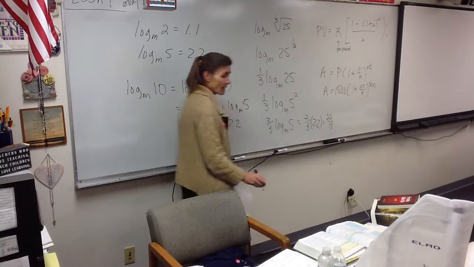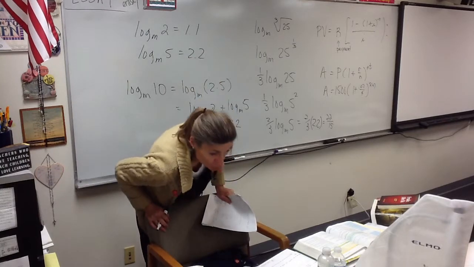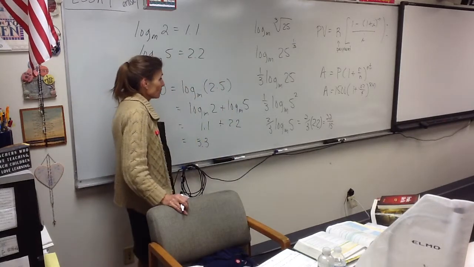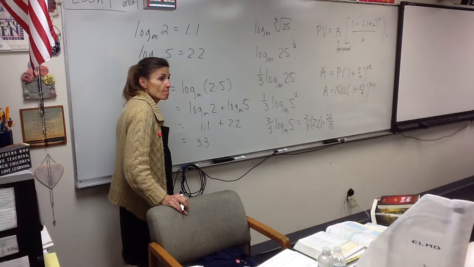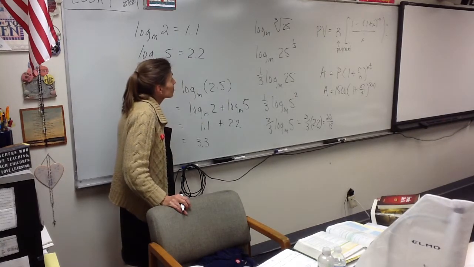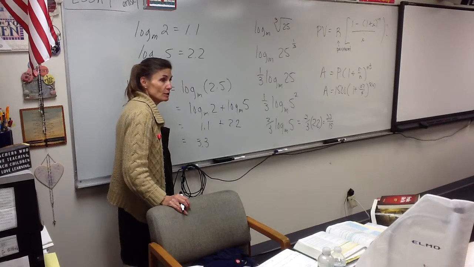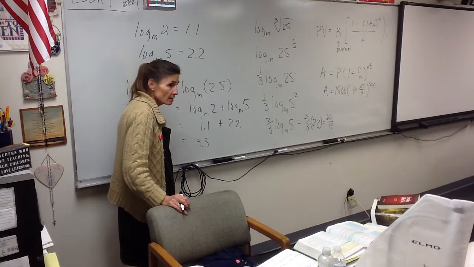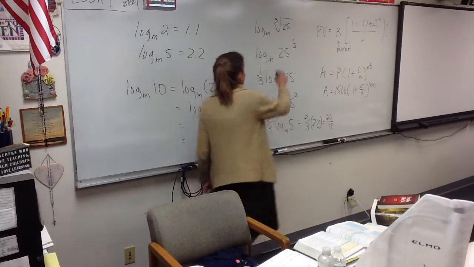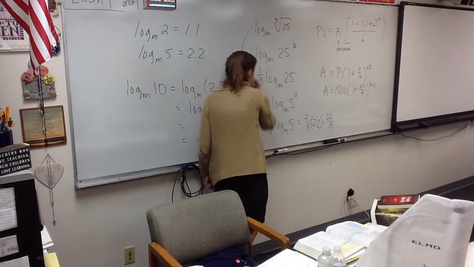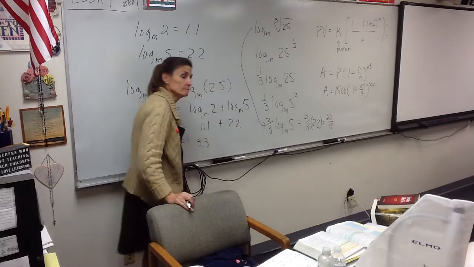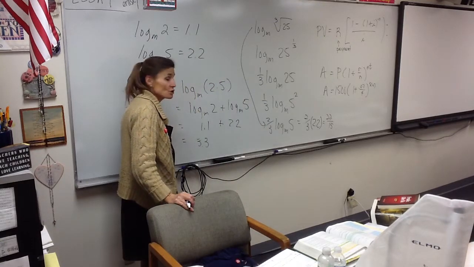Or as a decimal, it's 1.4 repeating 6s. Can you from the beginning just do log of 5 to the 2/3? Absolutely you could. If you recognize that this is 5 to the 2/3, then you're going to jump straight from here to here. It's because you're an all-star.